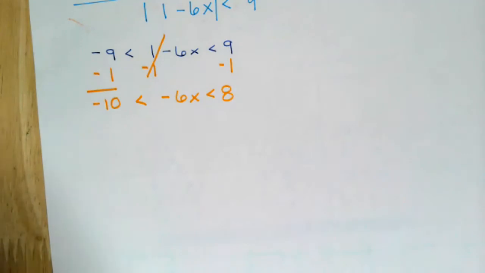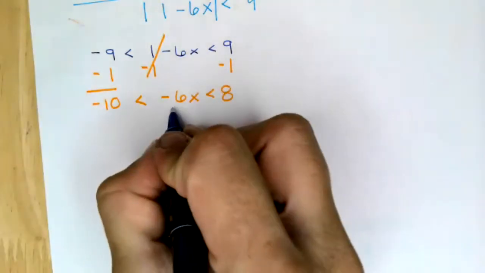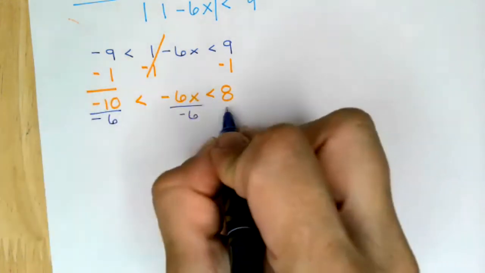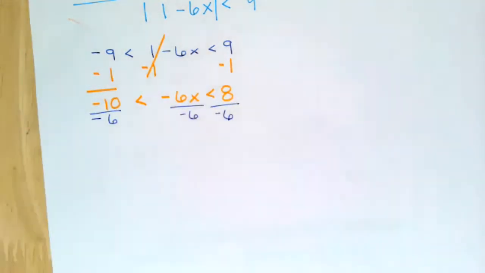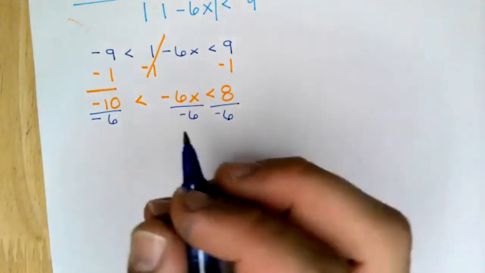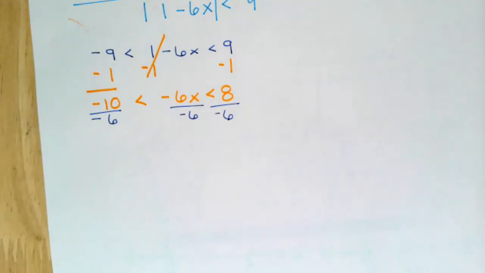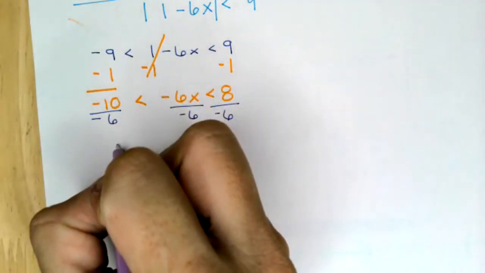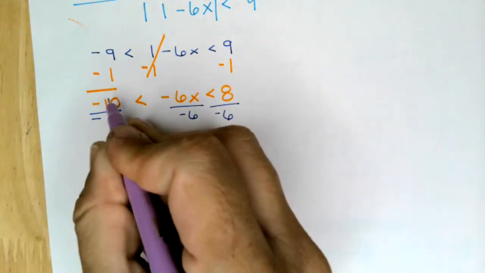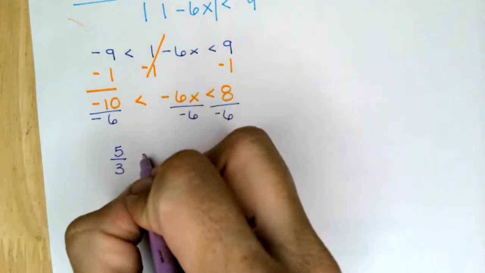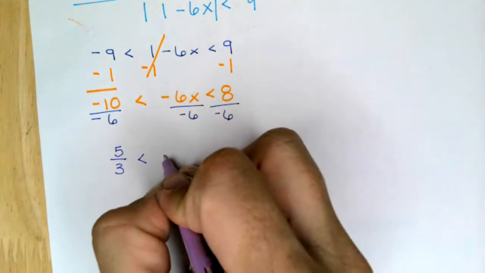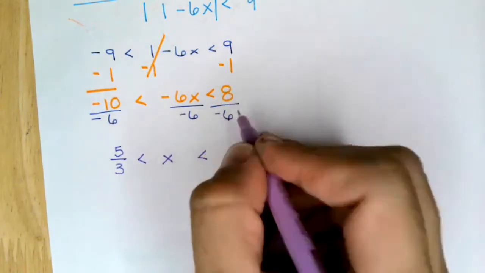Now I need to divide by -6. -10 divided by -6, you can divide both of those by 2, so that becomes 5/3, right? And it's positive because a negative divided by a negative is a positive, is less than, oops, 6 divided by 6 is just x. And then 8 divided by 6 becomes -4/3.